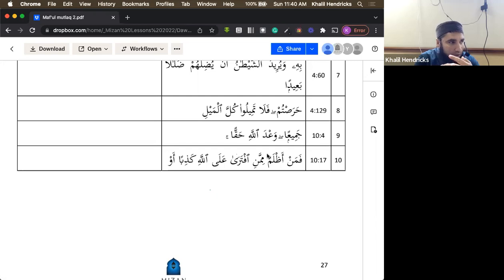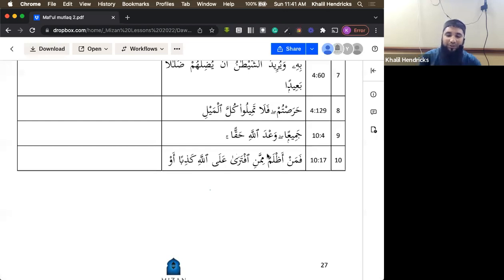Sometimes for emphasis if it's alone, sometimes to clarify type if it has a sifa, sometimes to clarify number if it's described with a number. Additional thing to note, sometimes the maf'ul mutlaq comes alone without the verb, in place of the verb. Right? I think that's enough.